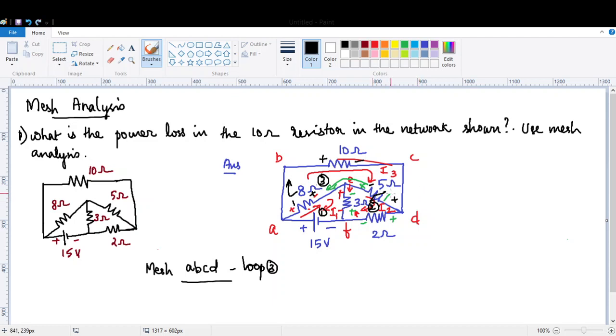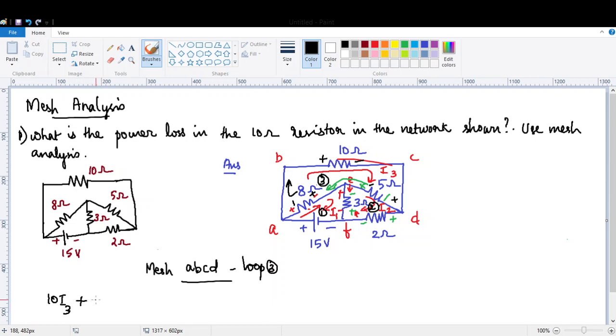Okay, so the equation for here is like this: we have 10I3, then plus, what about 5 ohm?